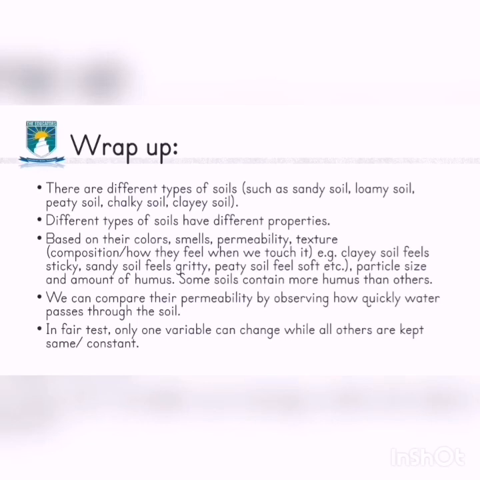For example, clay soil feels sticky, sandy soil feels gritty, peaty soil feels soft, etc. Particle size and amount of humus too. Some soils contain more humus than others, such as loamy soil. We can compare their permeability by observing how quickly water passes through the soil. In a fair test, only one variable can change while all the others are kept the same or constant.